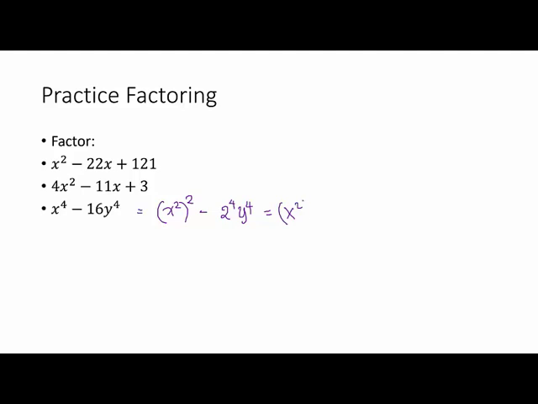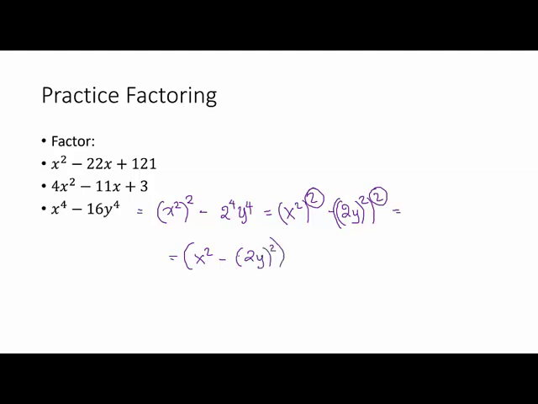But this can be split as 2y squared squared. And now I have a difference of squares. I write this as a difference of squares, so I split it down to x squared minus 2y squared and x squared plus 2y squared using the difference of squares.